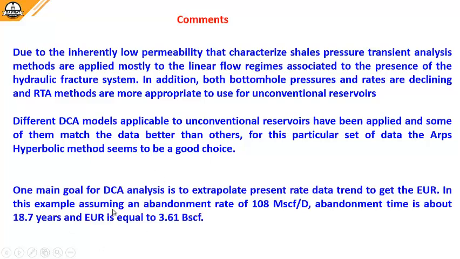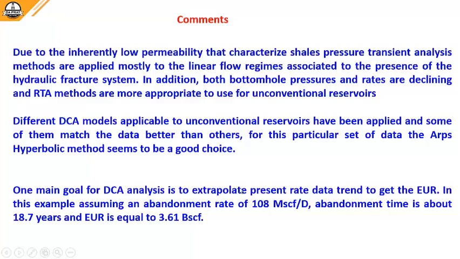In this case, when you do the decline curve analysis, the idea is to extrapolate the present rate data trend to get the EUR. In this example, assuming an abandonment rate of 108,000 standard cubic feet per day, the abandonment time is about 18.7 years, and the EUR is equal to 3.61, which is the one we got from ARPS.